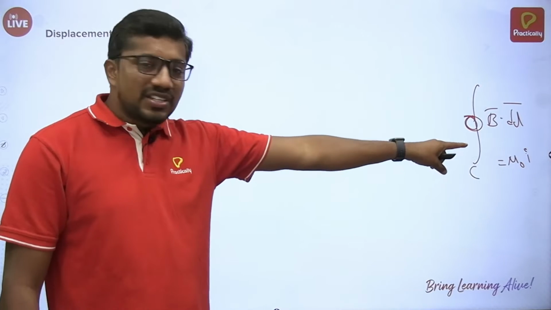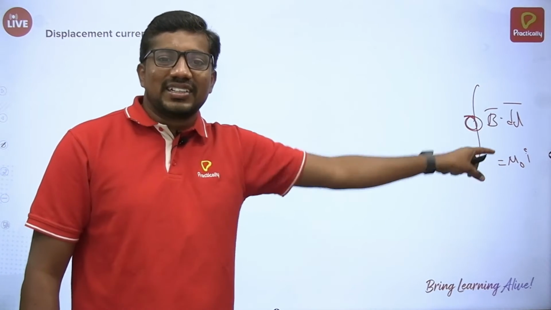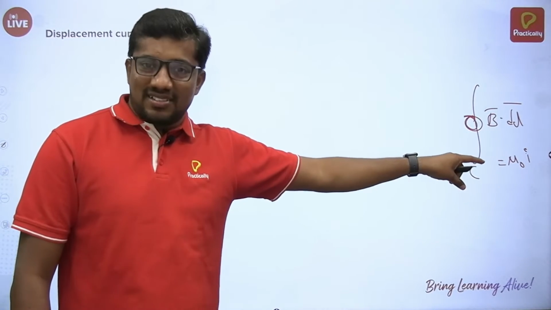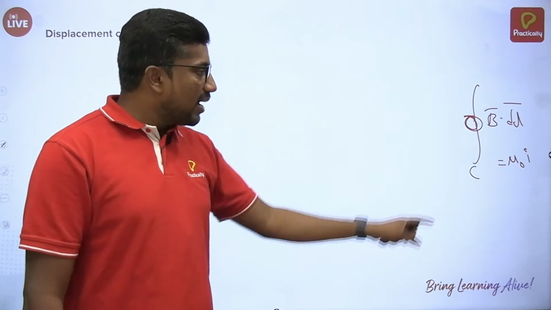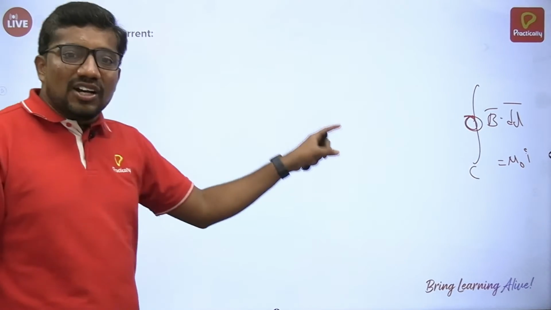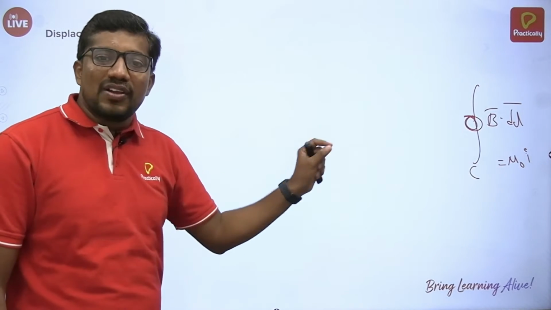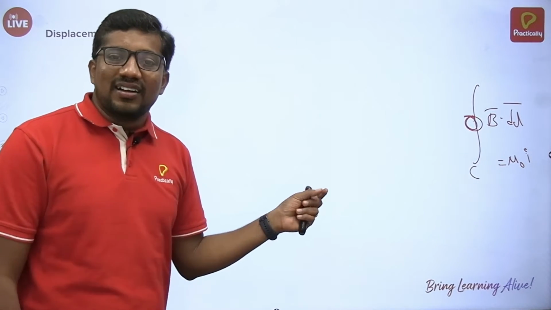The current in this expression, I, represents the conducting current, which is carried by the moving charges. Apart from that, another term is needed, and only then will Ampere's Circuital Law become consistent when applied to the closed path. So what is that missing term?